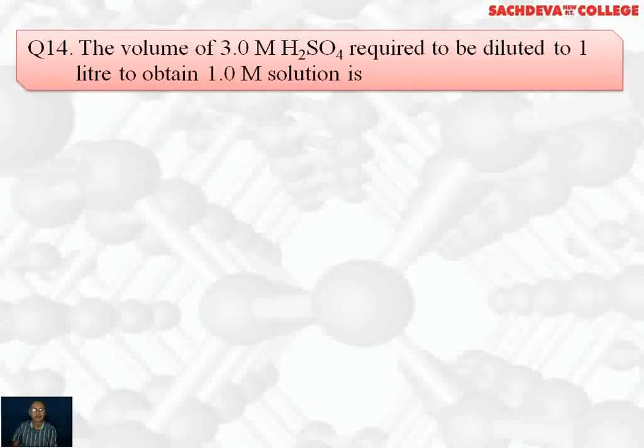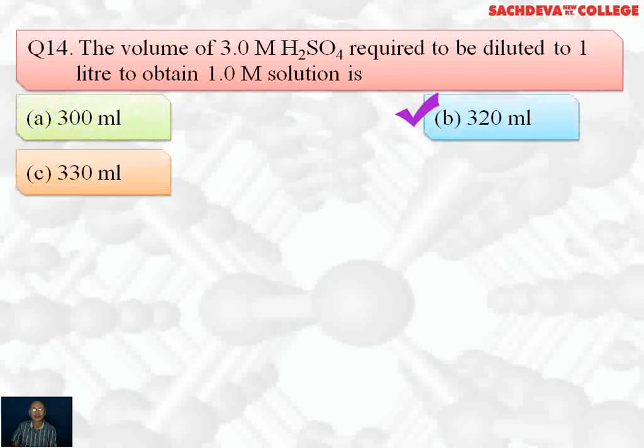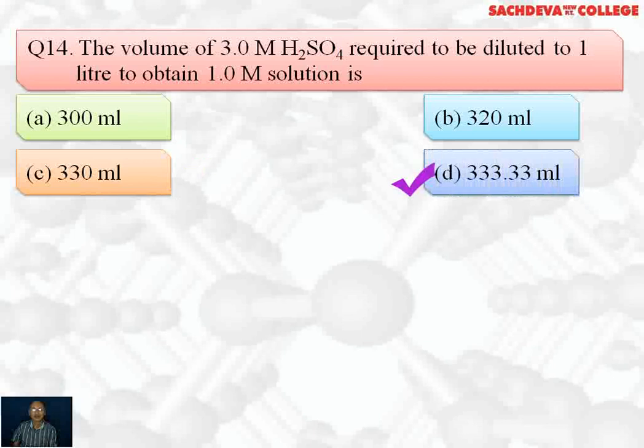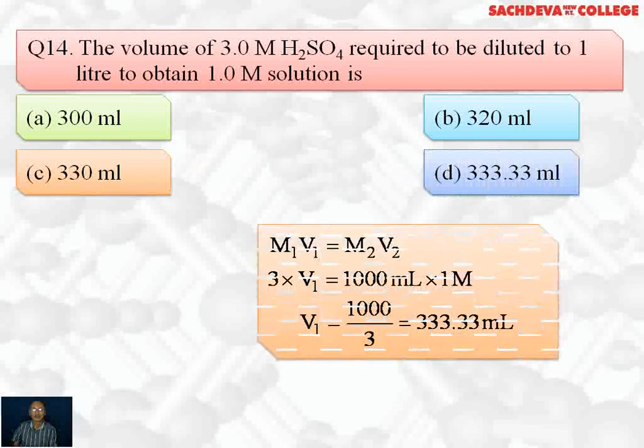Next question, the volume of 3 molar H2SO4 required to be diluted to 1 liter to obtain 1 molar solution is 300 ml, 320 ml, 330 ml and 333.33 ml. We will use the formula M1V1 is equal to M2V2. This is a molarity equation used for dilution.